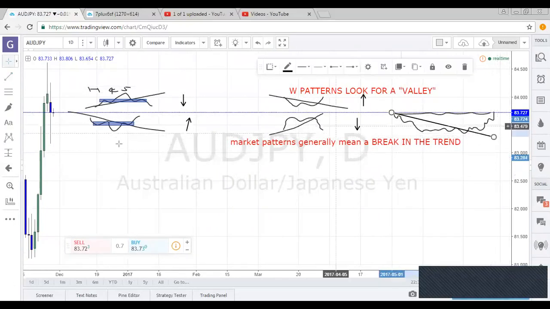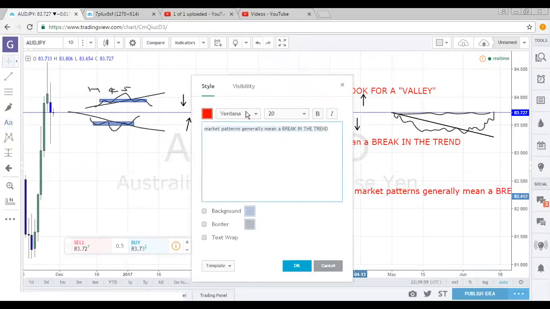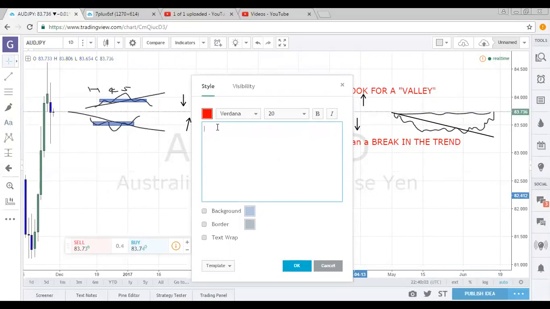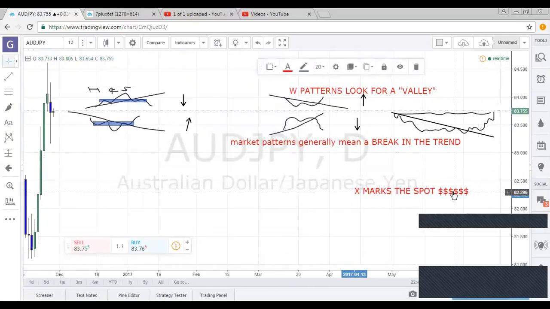Just like a W. Okay. X marks the spot. I'll do some caps. X marks the spot. Money, money, money, money.